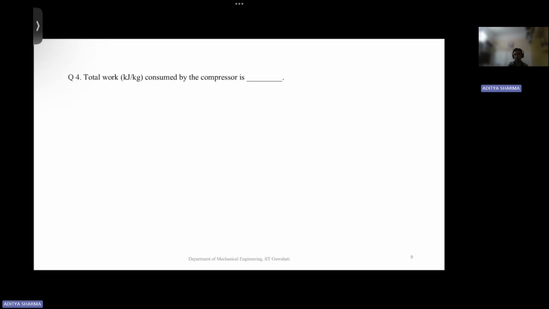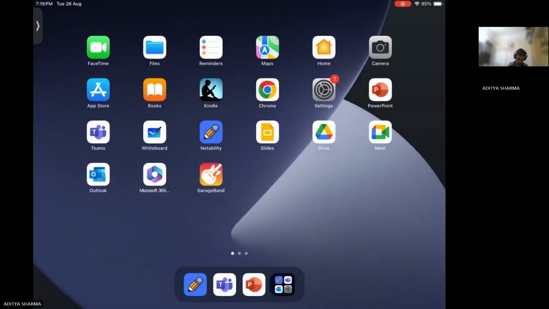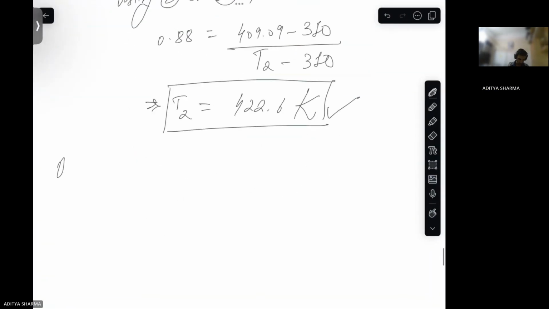The next question is the total work consumed by the compressor. Question number 4. Solution. I hope this is clear because T2 is equal to T4. That is why the answer. The compressor work.